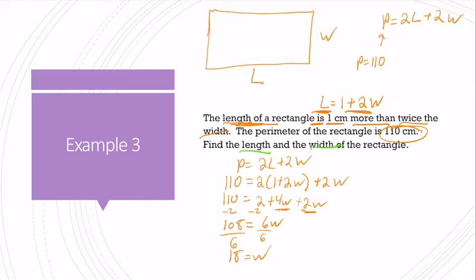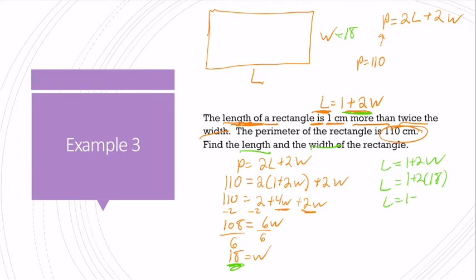So I know my width is 18. Now I need to find my length. How do I do that? Well, I can plug 18 into our equation for length. So I had length equals 1 plus 2W. That means length equals 1 plus 2 times 18.